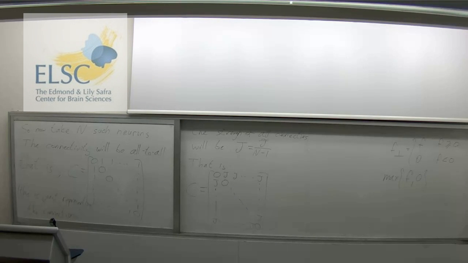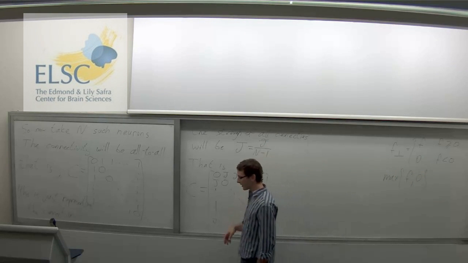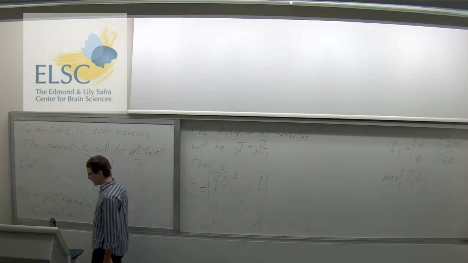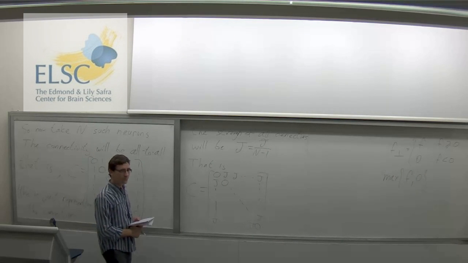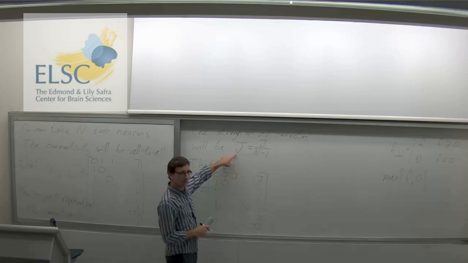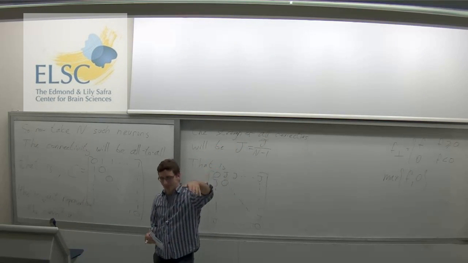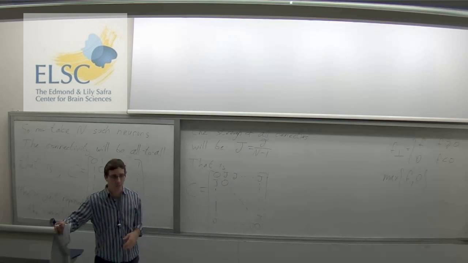No, the J tilde is something that tells you about the connectivity strength. Which one depends on the size of the network, the J or the J tilde? This one depends on the size. So J tilde you determine, and then you take the same strength but take a larger network.